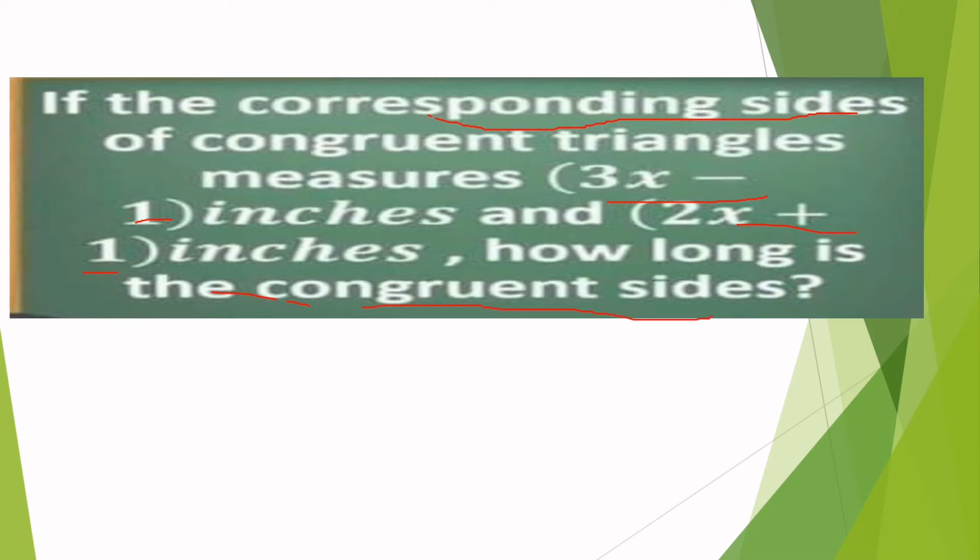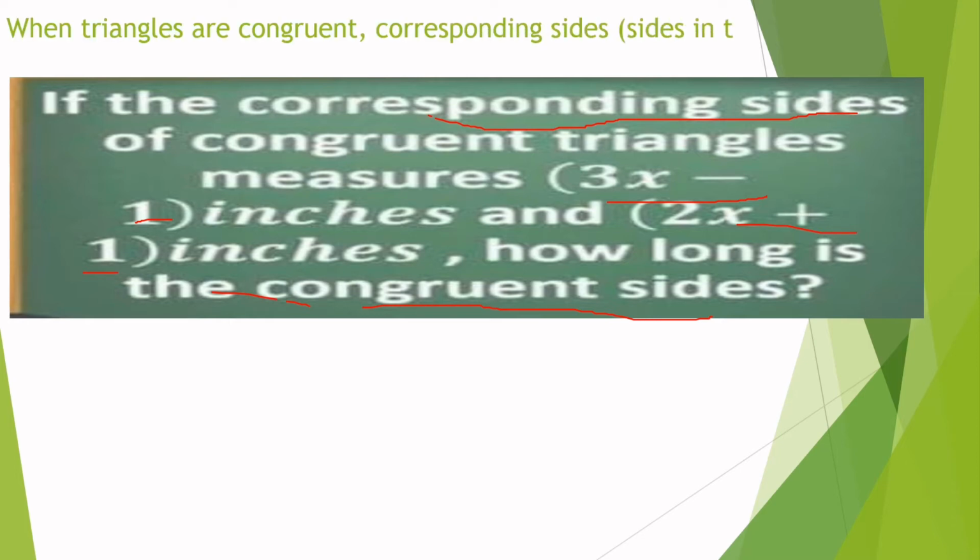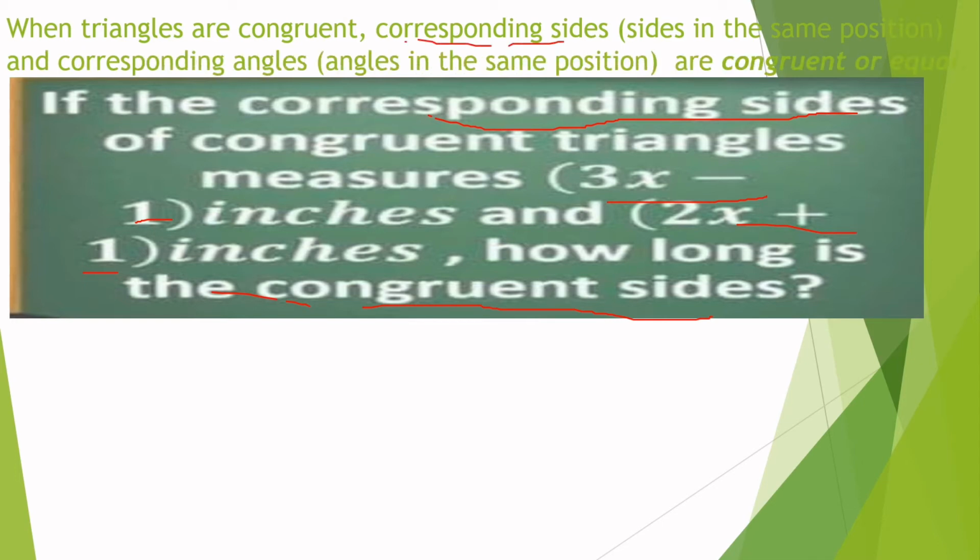Okay, so it states here they are corresponding sides and they are congruent triangles. So here, we can apply the congruent triangle theorem or postulate that when triangles are congruent, corresponding sides and corresponding angles are congruent or equal.